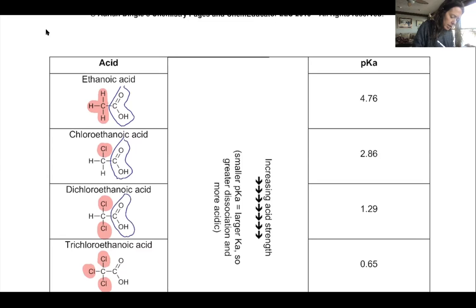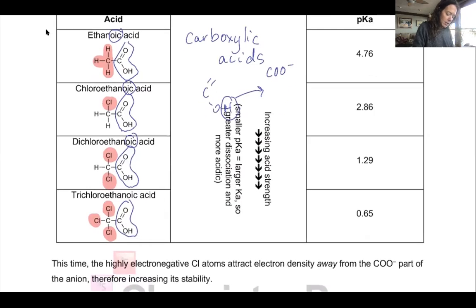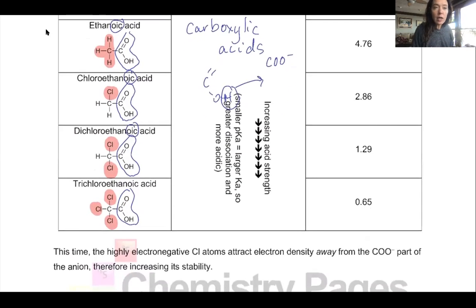Notice they all end in oic. They contain the COOH. This H falls off to leave COO negative. So we talked about how as the rest gets bigger, it gets weaker.